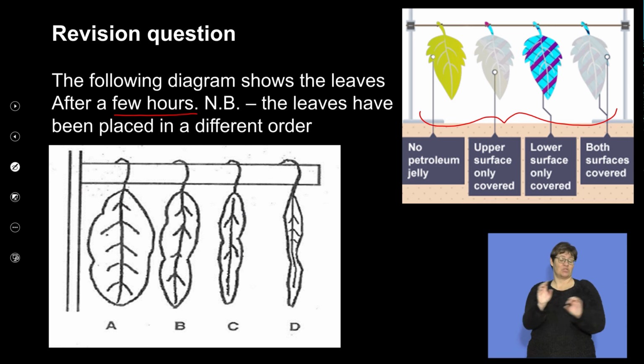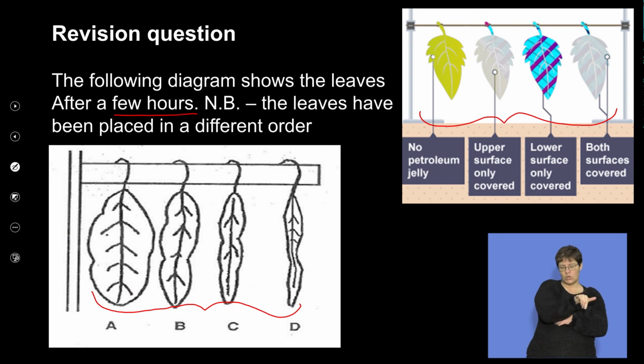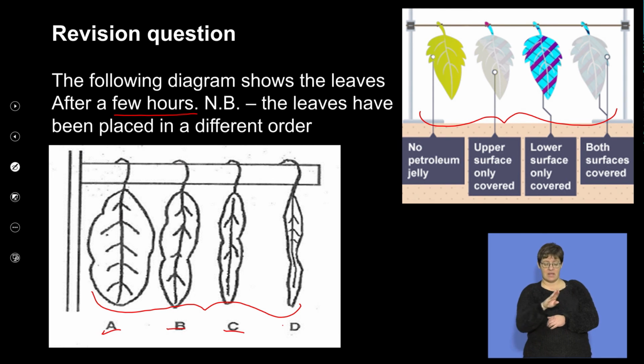They have been rearranged, and you basically have to work out which of these leaves, A, B, C, or D, has no petroleum jelly, which has both surfaces covered, and so on. This tests whether you can understand what is actually happening in the experiment.